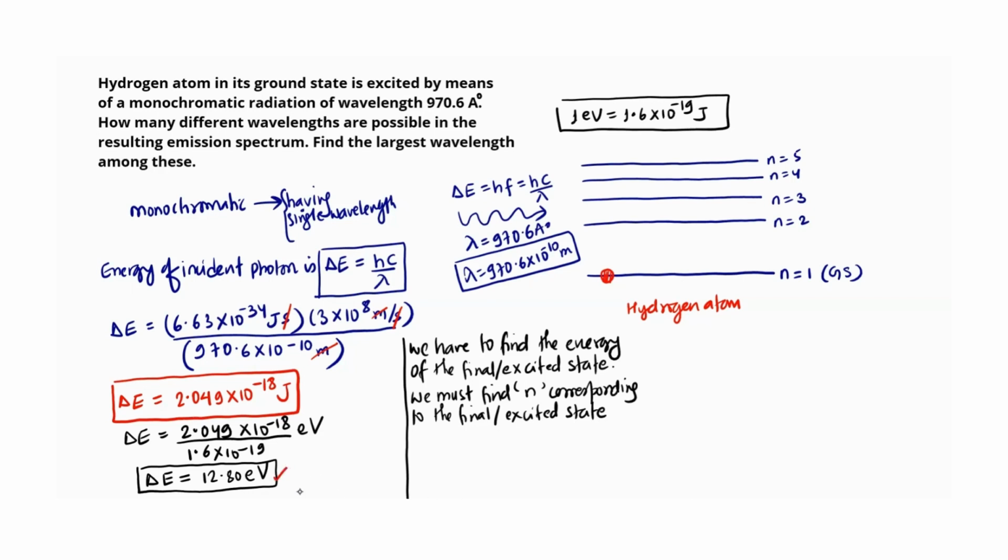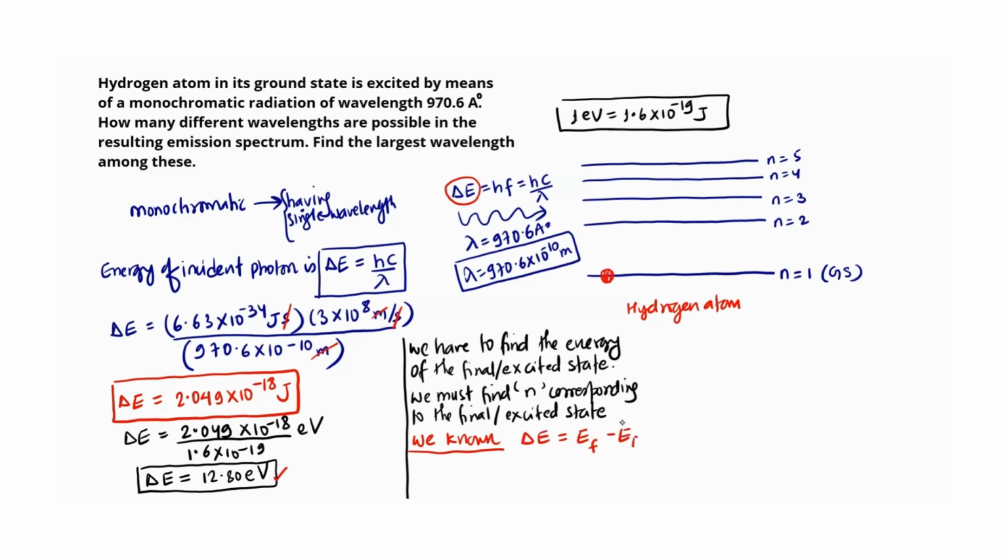In order to find the energy of the final excited state, we use this expression. We know that due to the energy of the incident radiation, the hydrogen atom is excited to the final state. So delta E, the energy of the incident photon, equals EF minus EI.